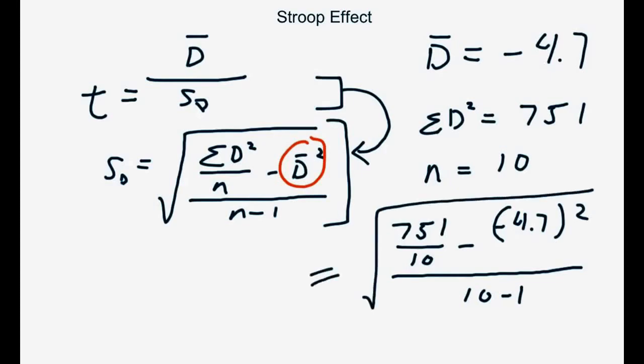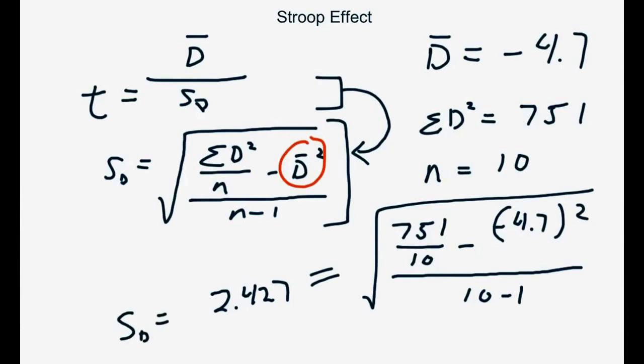I know this is getting kind of convoluted, but that answer is 2.427. That is our standard error of the difference, the bottom half of that t formula.